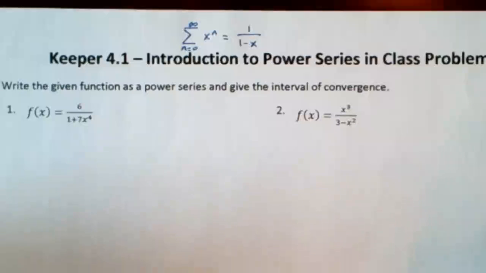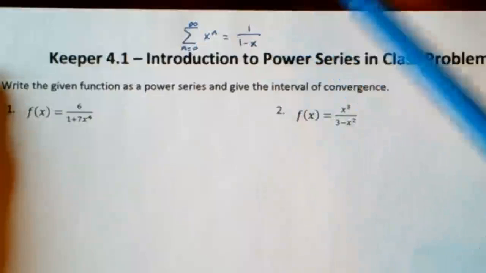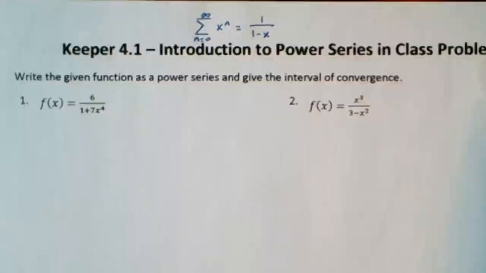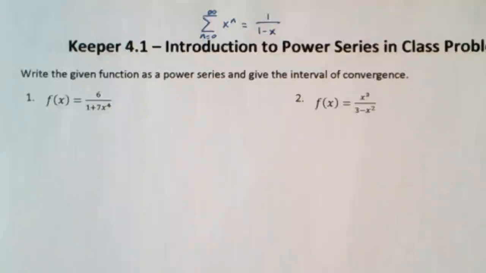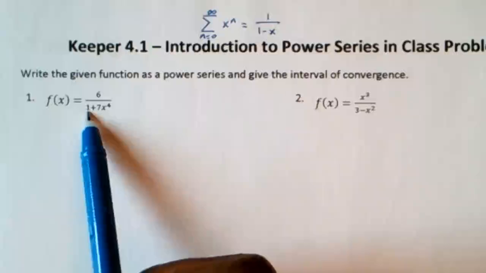And every single problem that we have, we're going to start by using this formula. So if I look at number 1, we have 6 over 1 plus x to the 4th. The first thing I'm going to do is rewrite this to look more like the geometric series. In order to do that, I need to make sure this is a 1, which it is.